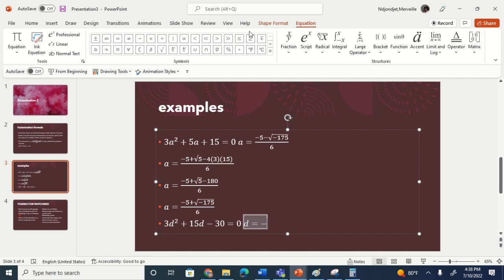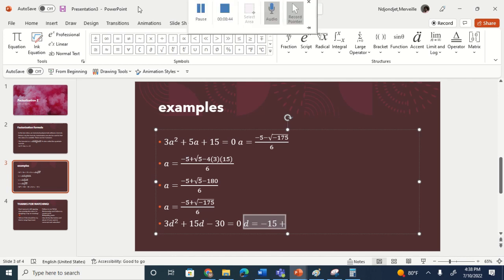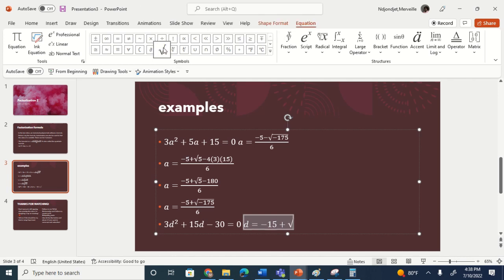So this is going to be minus 15 plus the square root of 15 squared minus 4 times a, which will be 3, times negative 30.